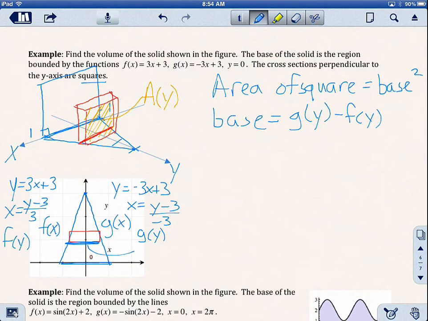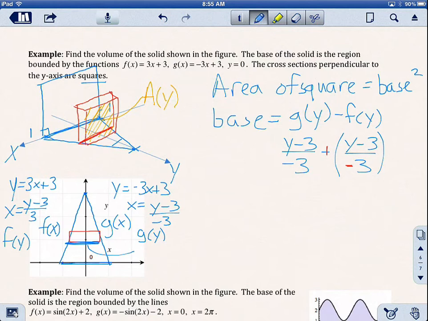Okay, so g of y was (y minus 3) over negative 3, and then minus f of y, which is (y minus 3) over 3. And here, if we change this sign, we could actually just change the denominator to be negative 3. And now we can see we have common denominators, so we can actually add these together.